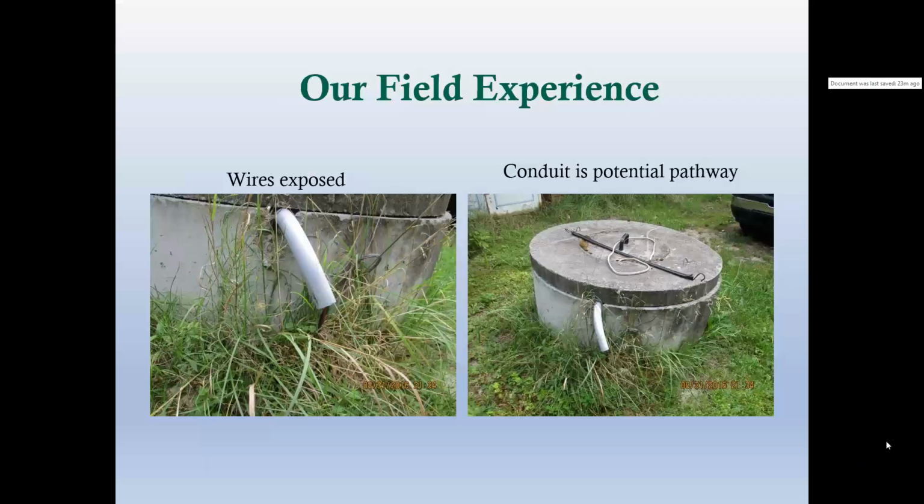So I thought I would share just a few photos of some of the things we've seen in the past doing these well assessments. This one here, this is a dug well. In this particular well, you can see there's exposed electrical wires and open conduit, both of which are potential problems that you'd want to have corrected.